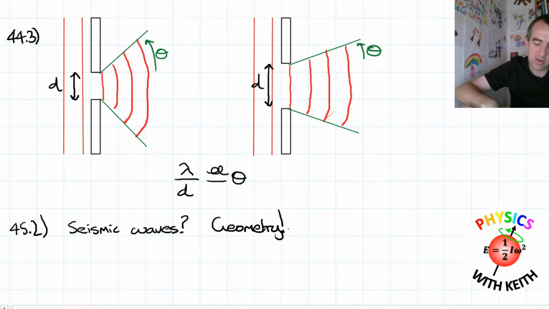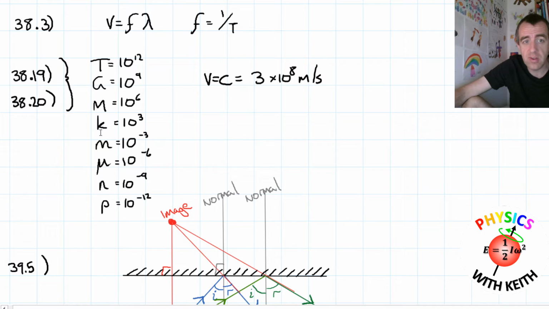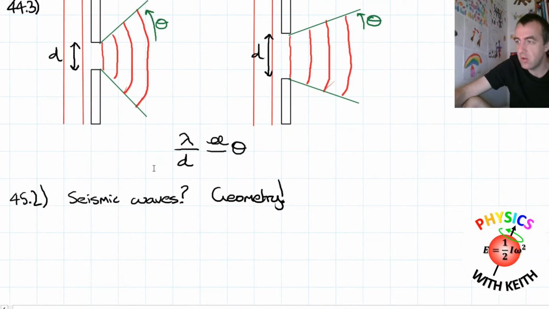Remember that P waves travel faster than S waves, but you don't have to know much detail about P waves and S waves to be able to answer these questions. But remember there's that hints tab if you need some extra help. The important thing with 45.2 is check the units, and remember the multipliers, these prefixes from the previous questions, you're going to need to know those as well.